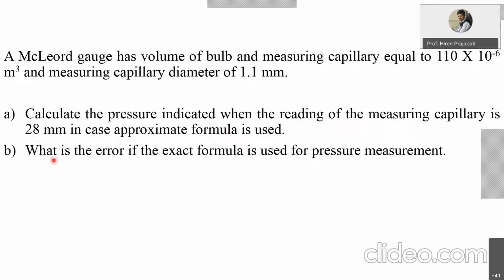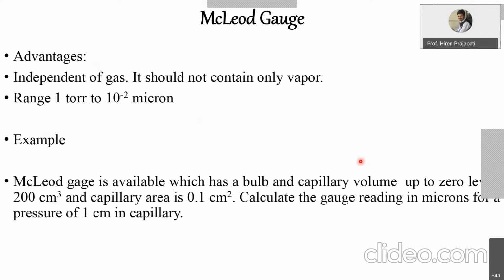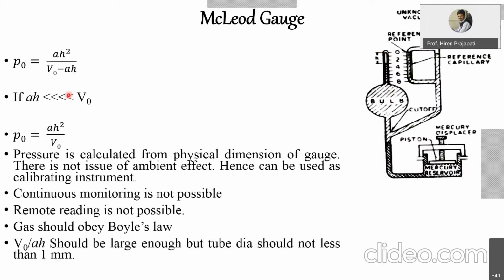Second case, what is the error if the exact formula is used for pressure measurement? Here we have two formulas. This is the approximated formula based on this assumption, and this is the actual formula. So as per case A, we need to just find P0 using this approximate formula.